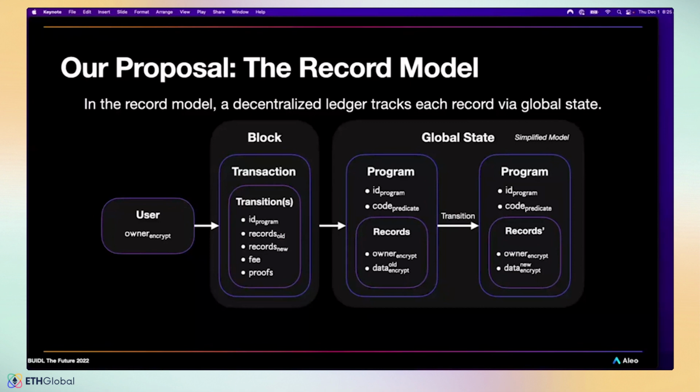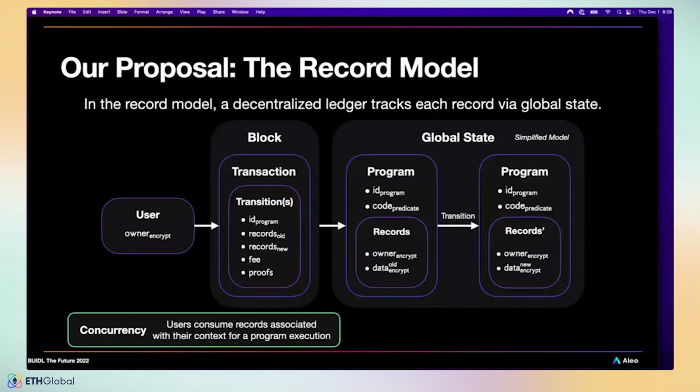So if a transaction is submitted, contained in a block, and the network verifies this, the network only needs to throw out the old records and put in the new ones. In doing so, it's actually quite a simple update model, and it's the one that we use today.